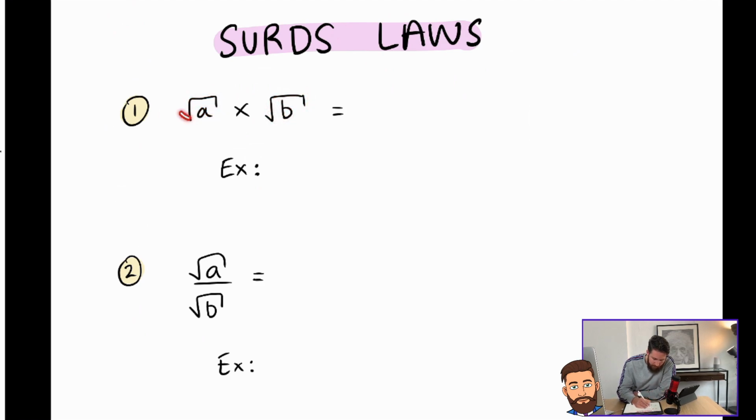So if I've got a surd times another surd, the rule tells us that we can times them together inside the same square root. Okay, so we've got the square root of a times b. We can put them all inside one square root.